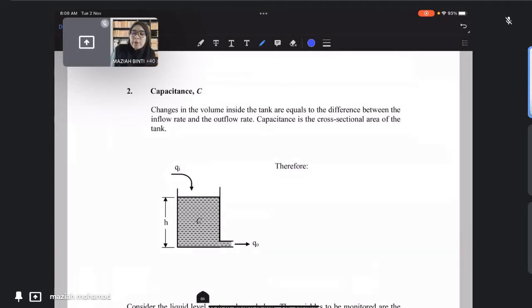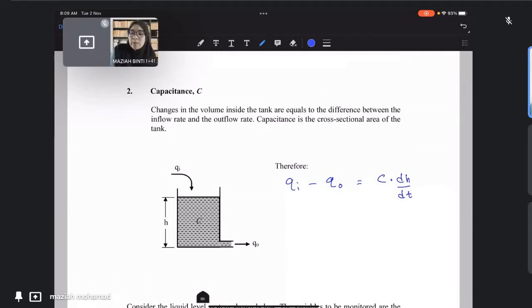Therefore, the equation will be Qi minus Q naught is equal to C, where C is capacitance, considered as the cross-sectional area, multiplied by dH per dt, the change of the height in time.